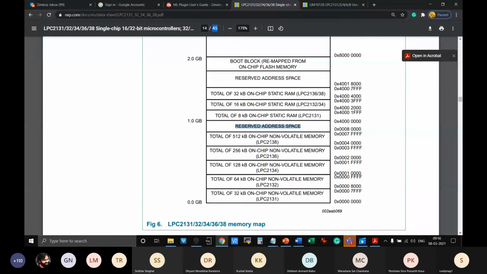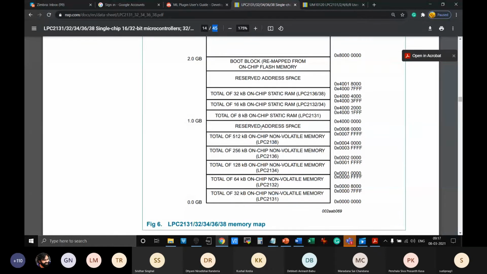For example, there is the 2148 microcontroller, which came after this 213x. The 2148 has a USB controller and more memory, 1 MB instead of 512 kilobytes. I'm talking about 2148, which is not shown in this datasheet obviously. So that reserved space is utilized for future enhancement. In this case, the future is already available: the future of 2138 is the 2148, where some part of this reserved space has been utilized.